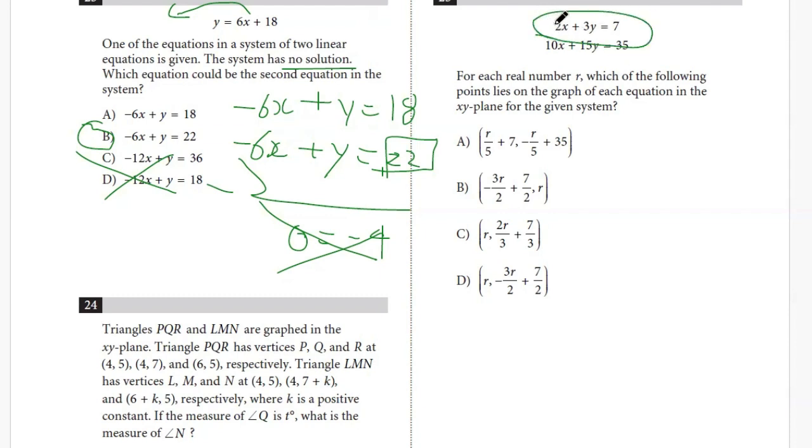If I multiply all of this by 5, it becomes 10x plus 15y, which is 35, and these two are the same, meaning that there are an infinite number of solutions. So I'm going to see what happens if I assume x is equal to r. If that's the case, I need to rearrange my equation for y.